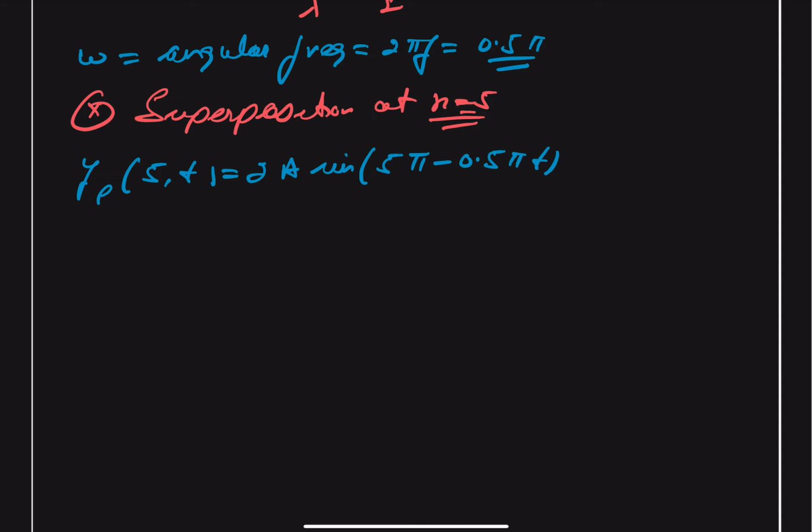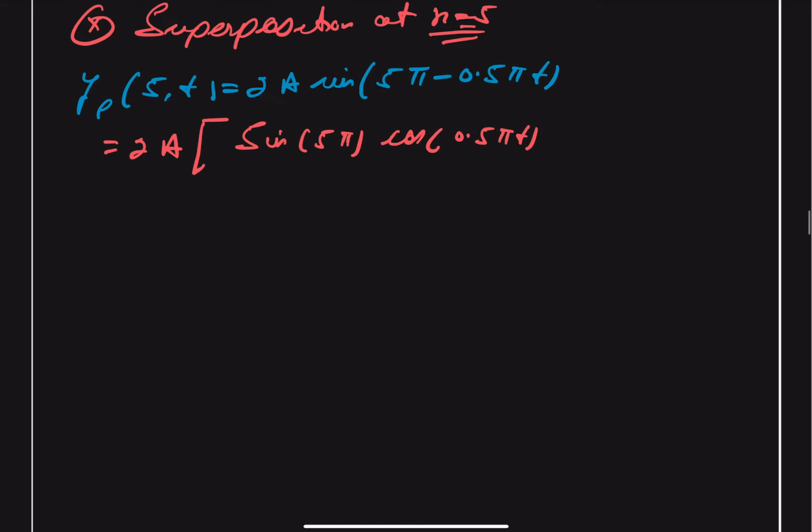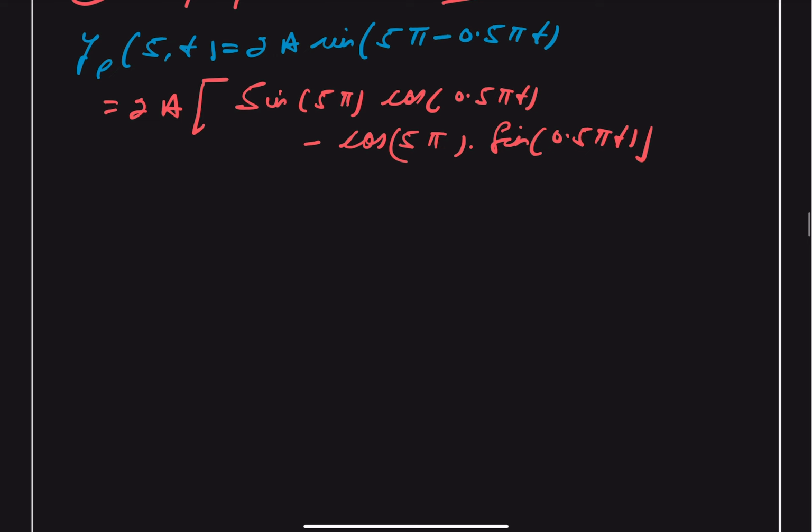We get 2a times sine of 5 pi cos of 0.5 pi t minus cos of 5 pi sine of 0.5 pi t.